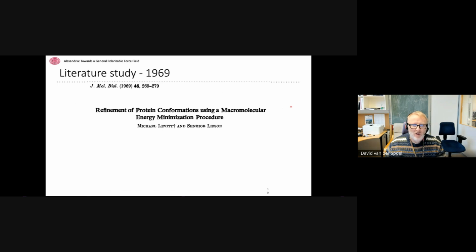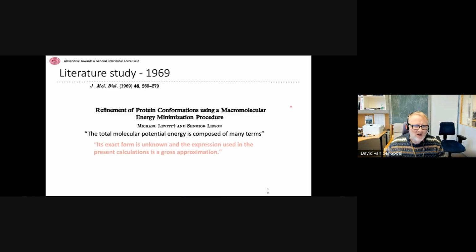And at the time he was with Shneior Lifson in Weizmann Institute, I think. And in this paper they write that the total molecular potential energy is composed of many terms. Its exact form is unknown, and the expression used in the present calculations is a gross approximation.